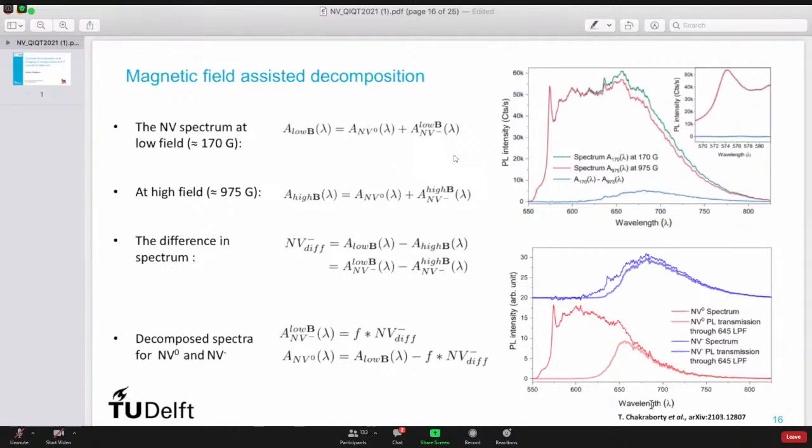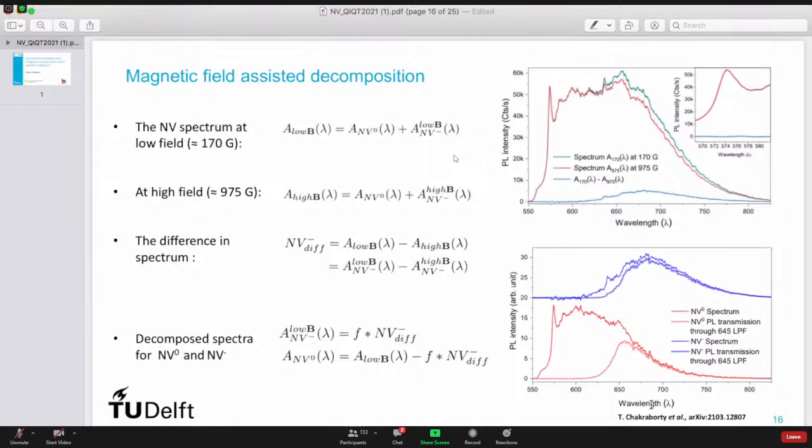And you can see in the inset that the zero phonon line for NV0 coincides for A low B and A high B. And when one is subtracted from another, we have an almost flat signal. So there is no change of the zero phonon line of the NV0 center when the magnetic field is changed. But we see a clear change in the signal of NV minus.